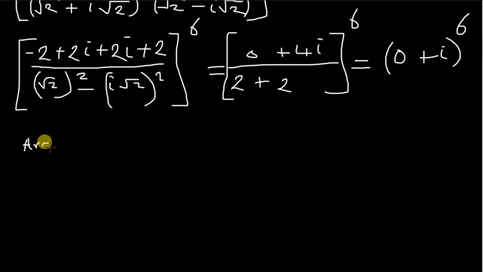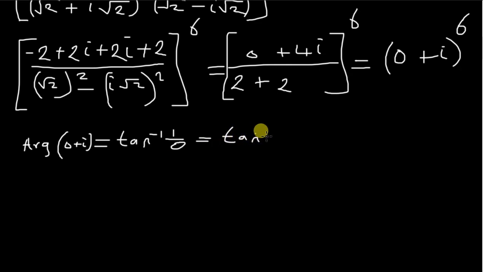So I'll say the argument of this complex number 0 plus i will be equal to the tan inverse of y over x, which is 1 over 0, which is the tan inverse of undefined. So we know tan inverse of undefined is nothing but equal to 90 degrees.